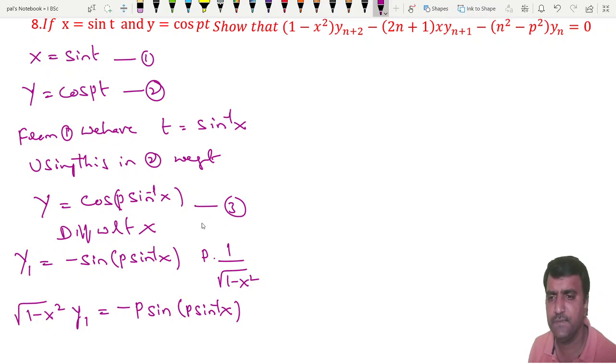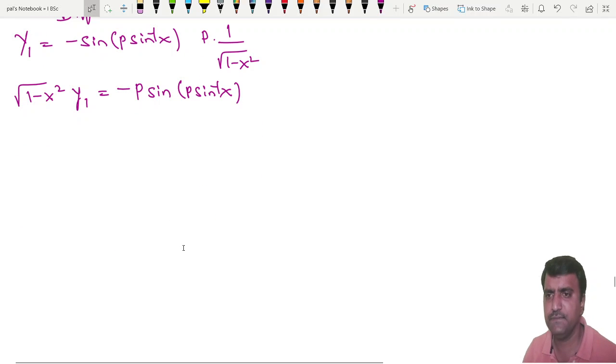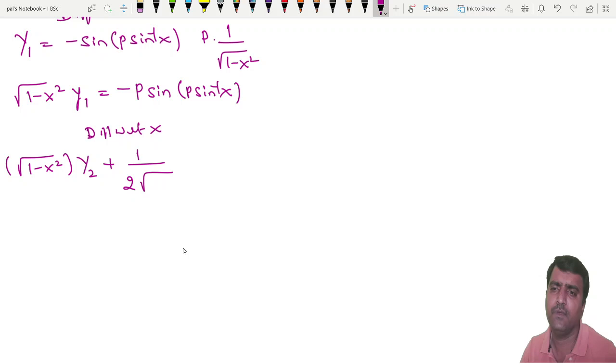Again, differentiate this function with respect to x. So differentiating this with respect to x, we have root of 1 minus x square into differentiation of y1 is y2, plus differentiation of root is 1 by 2 root of 1 minus x square.